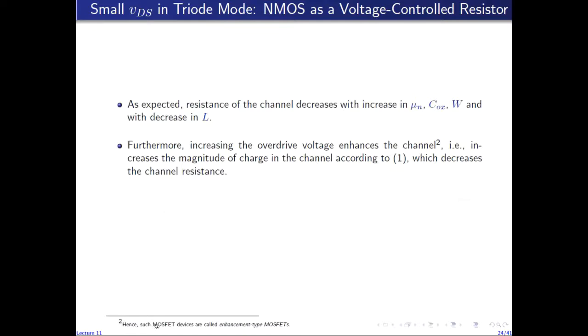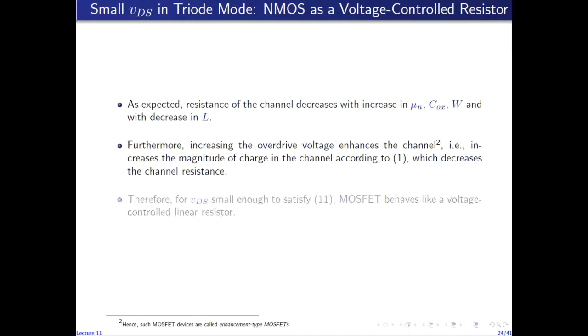As a side note, please note that these devices, in which a channel is induced by applying a VGS greater than V threshold, and then it is enhanced, that is, the conductivity of the channel is improved by increasing the overdrive voltage, are called enhancement type MOSFETs.